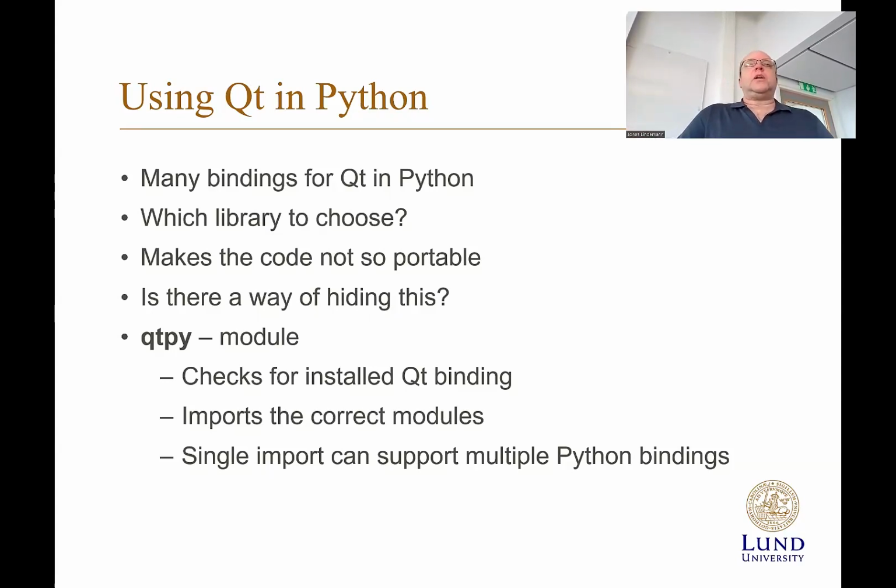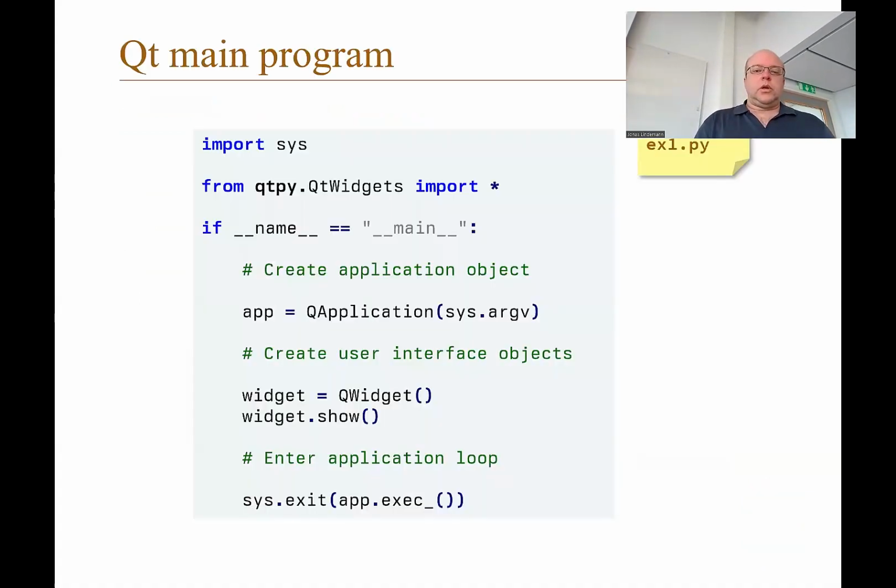And that checks for installed Python bindings. And you don't have to think about what actual Python bindings are installed, because that will be handled by this QtPy module. And then you can have a single source code with a single Qt import that will choose the correct binding for you automatically.